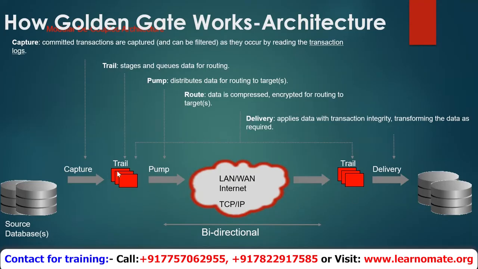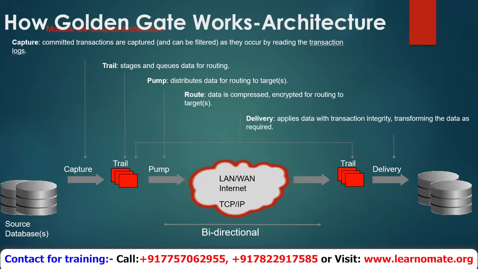The trail files on the source system are called local trail files. The trail files on the target system are called remote trail files. So the pump process reads the data from the local trail, sends it over the TCP/IP network and writes it to the remote trail. Once the data becomes available in the remote trail, the GoldenGate replicate process reads the data from the remote trail and applies it to the target database.